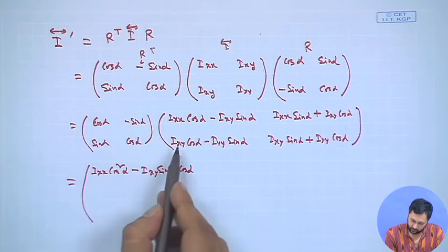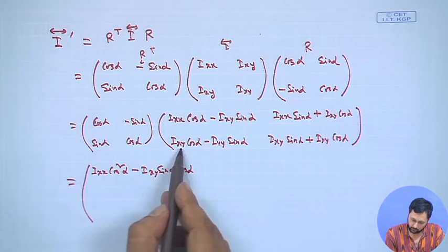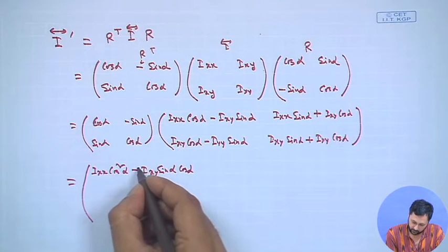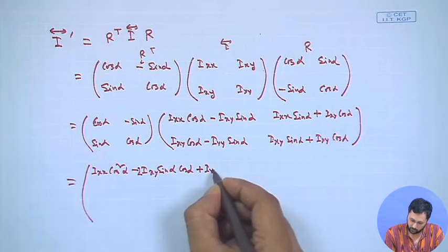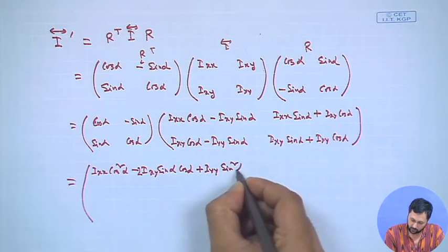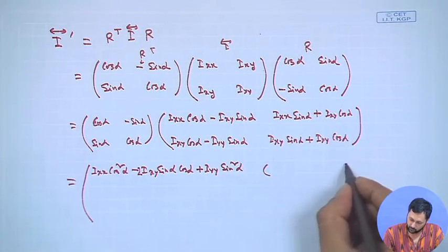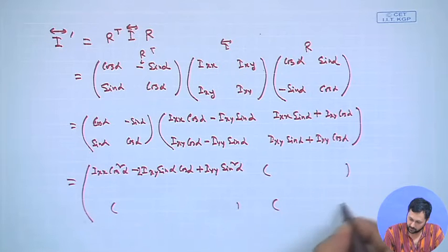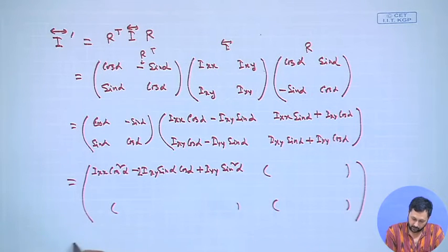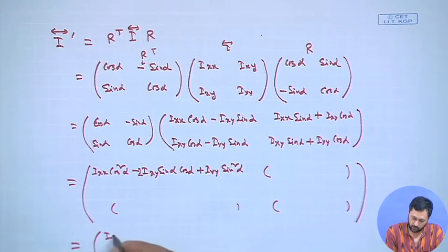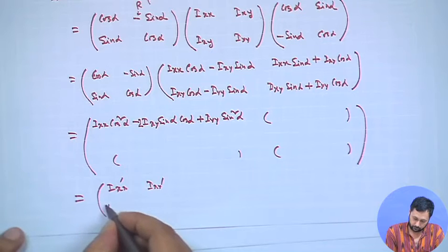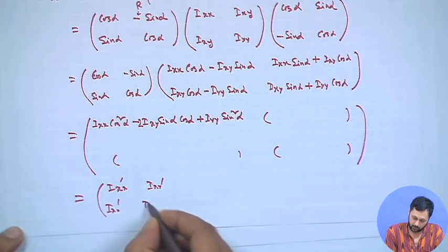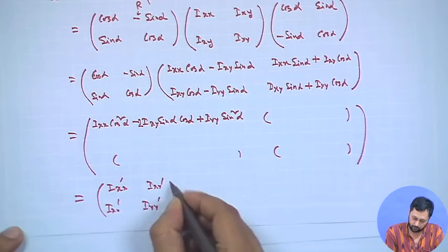So the second term will also be Ixy sin alpha cos alpha, so we will have a 2 here, and then we have Iyy sin square alpha. Similarly, we will have one term here, one term here, and one term here, and this will be my new Ixx prime, Ixy prime, Ixy prime, Iyy prime, right?